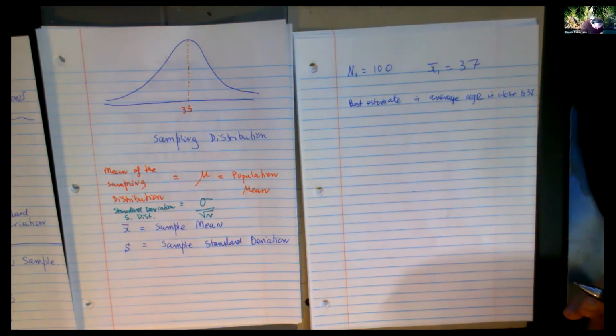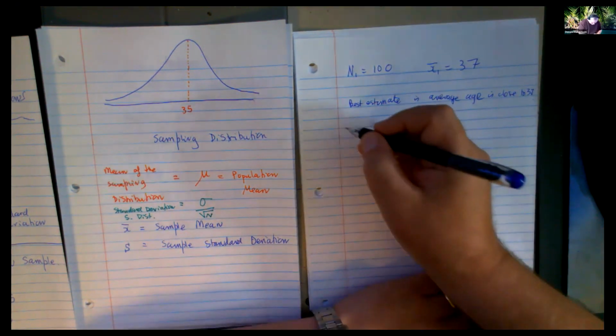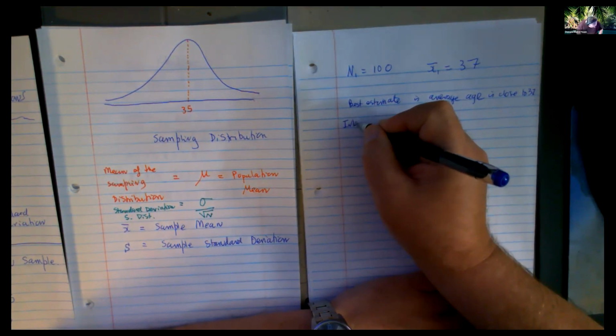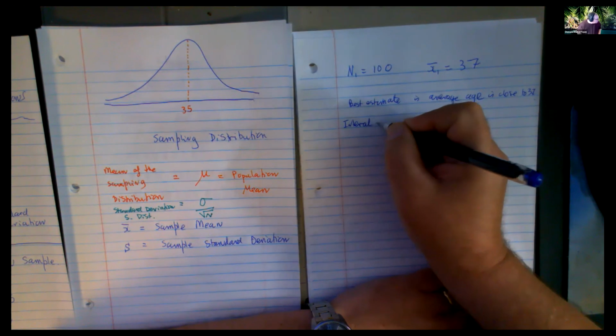So how do we create an interval where we can say in this interval, we're really confident that the right answer, 35, lives, okay?